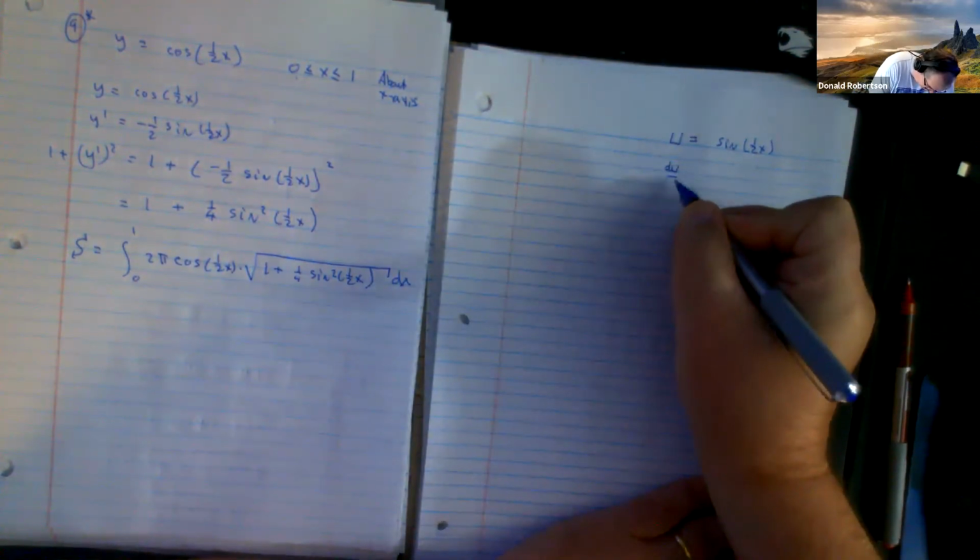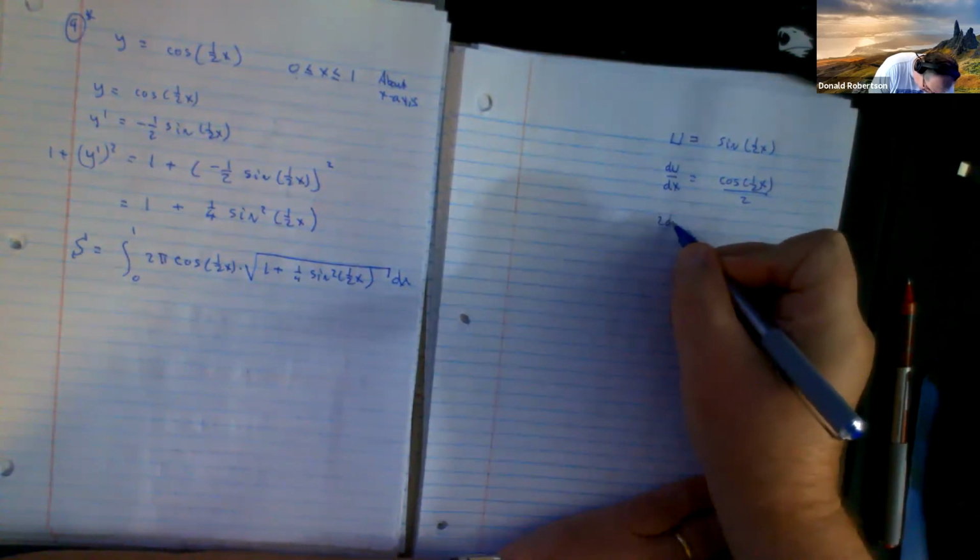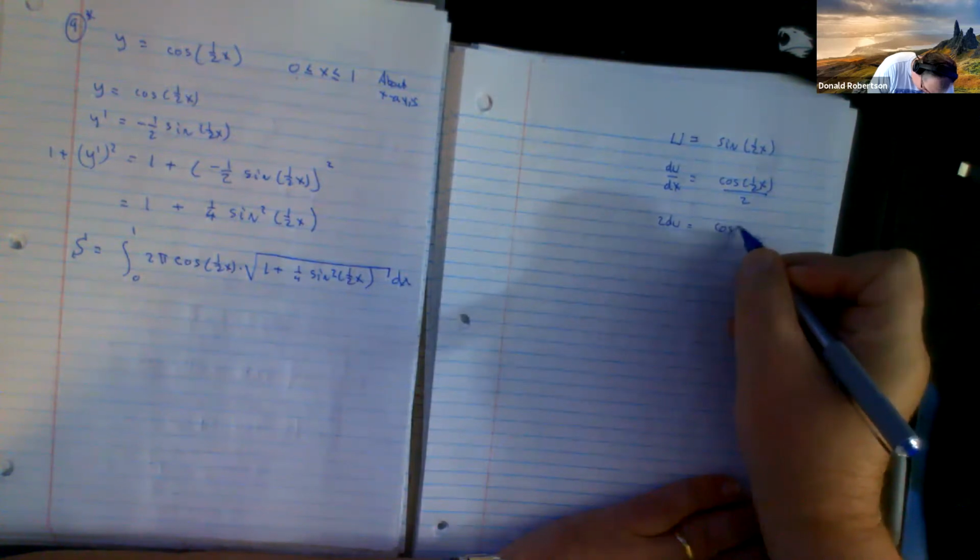you can sometimes use that trick when the normal rules of what you should typically pick for a u sub just don't work. Now, if you differentiate the sine of a half x, you get the cosine of a half x, times 2, which I'm just going to write that way. You do the crossover, you get that fella.